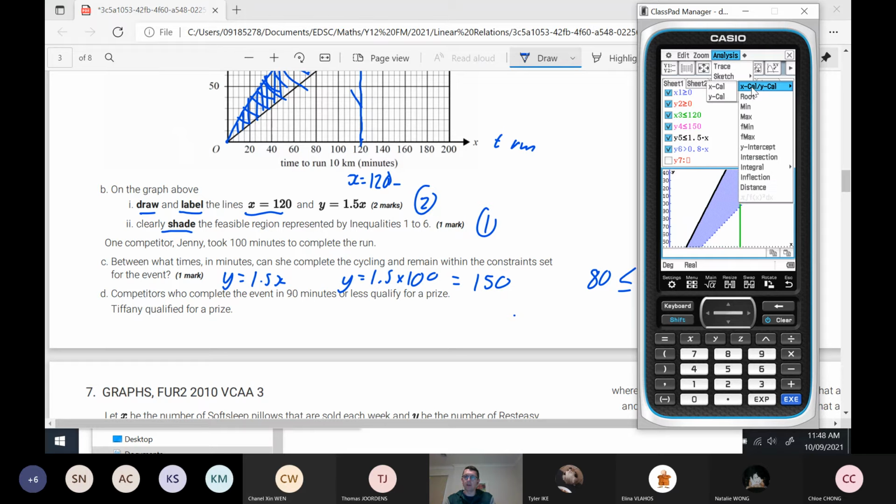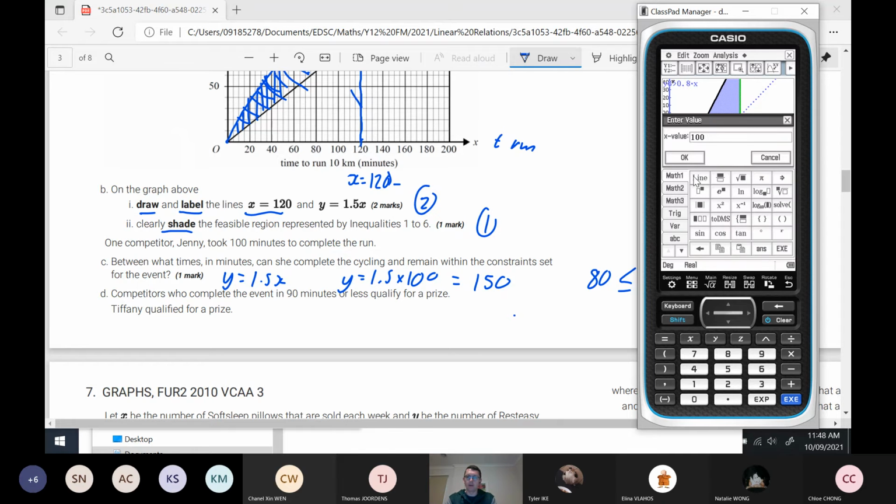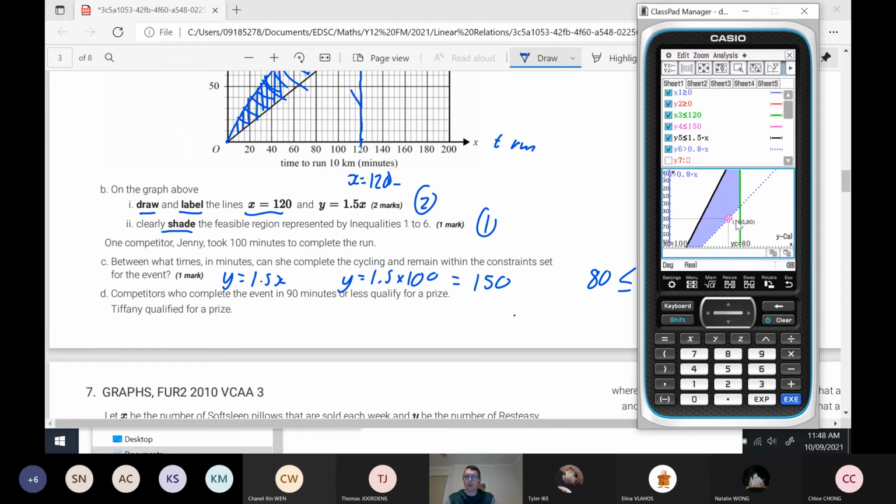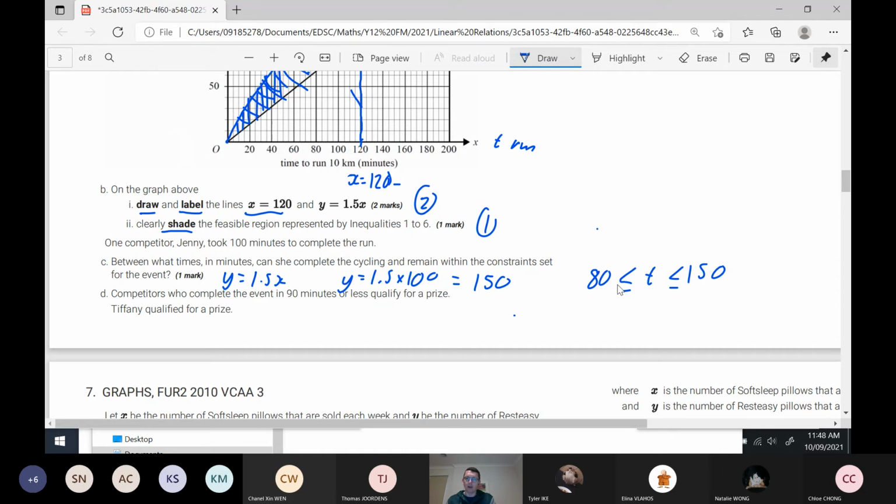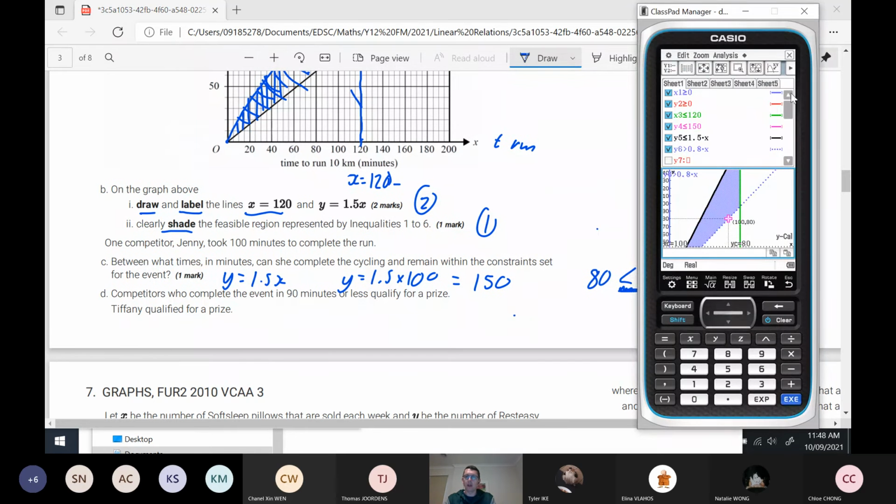And if you go Analyze, GSolve, Y-Calc, and I scroll through till I've got that equation, and it also tells me what equation it is, so you can always sub it into that equation. But if I now put in 100, it will tell me 80. You still get an answer, right? But because it's a dotted line, I've got to recognize that it actually wouldn't include that. In this scenario it does because it's an equals line, but if it wasn't, that's what it is.